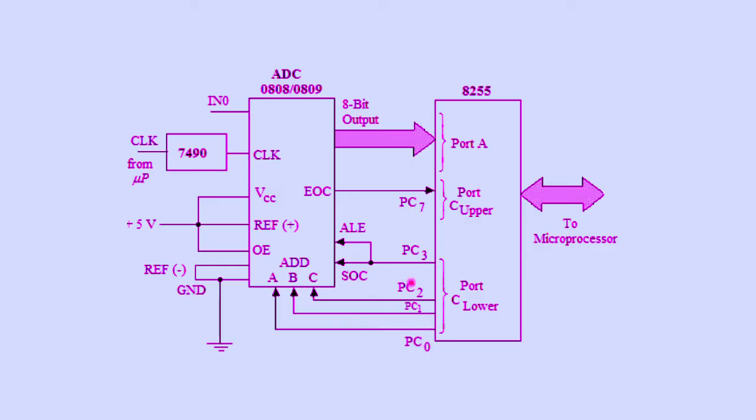PC0 to PC2 will determine the channel, so they should necessarily be 0 if we want to select IN0 as input. Based on this diagram we can write the program. The program is typical, very easy to understand, and we can write it quite easily.